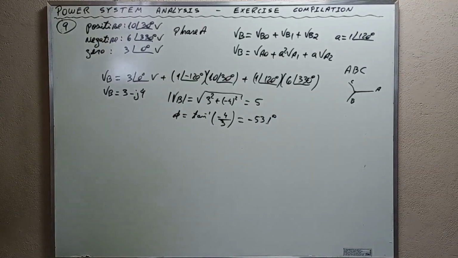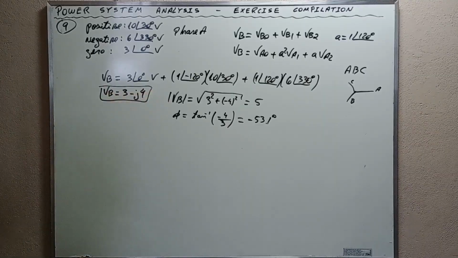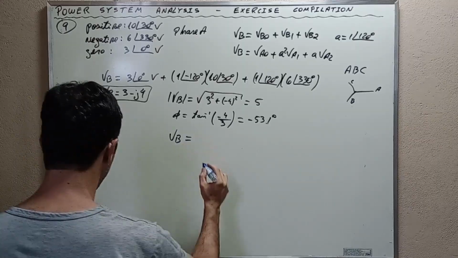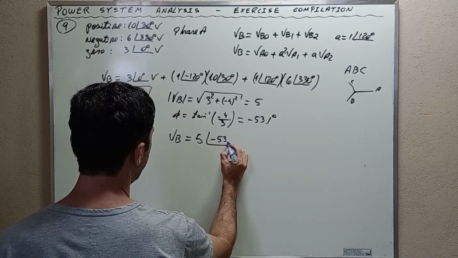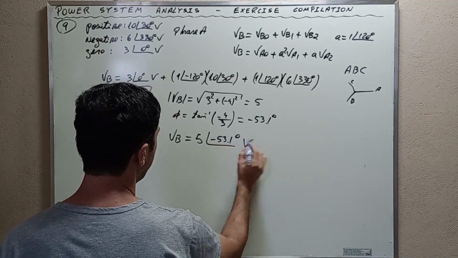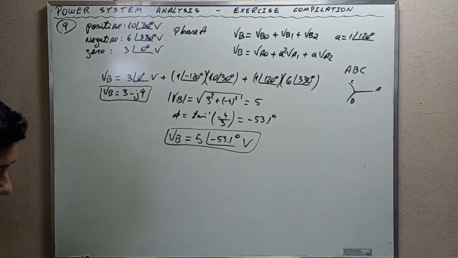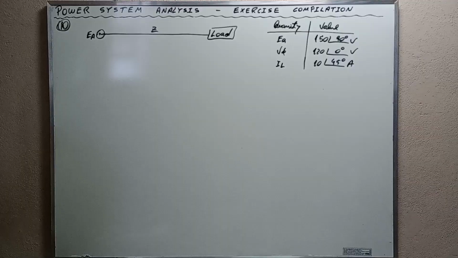Okay, my friends, and now with these results we have found the voltage. The voltage can be expressed in this way in the Cartesian coordinates, or you can simply use the method that I prefer, okay? The polar form, 5 phase negative 53.1 degrees volts. Okay, my friends, and this is the solution of exercise number 9. Let's go to exercise number 10 now.